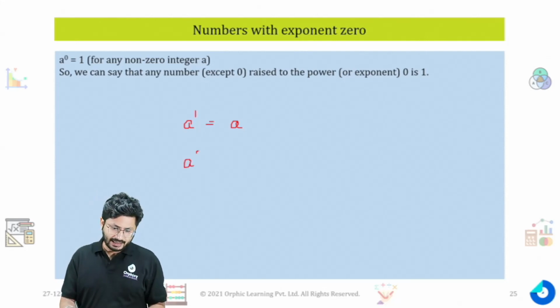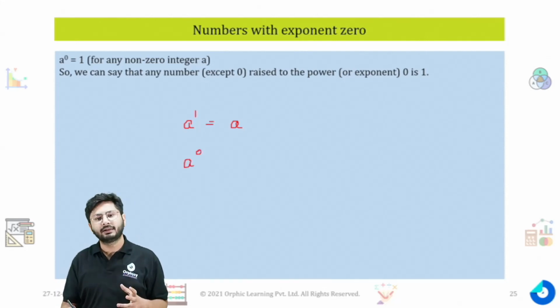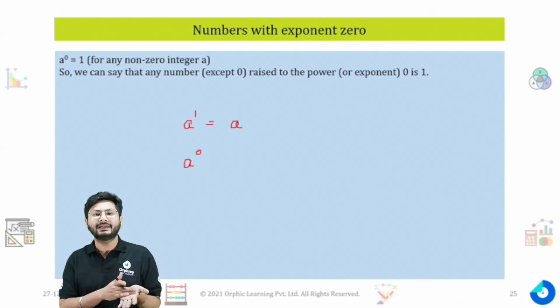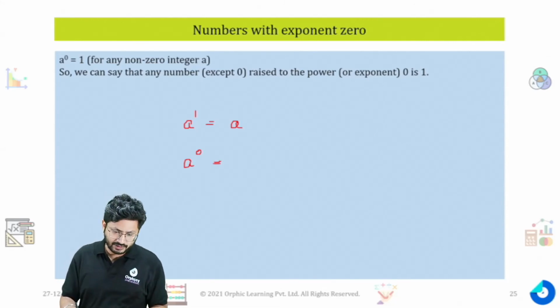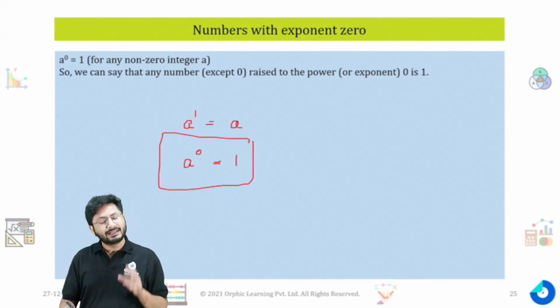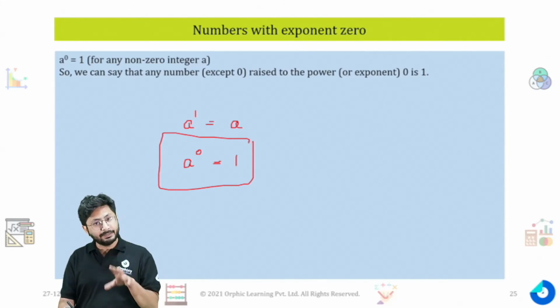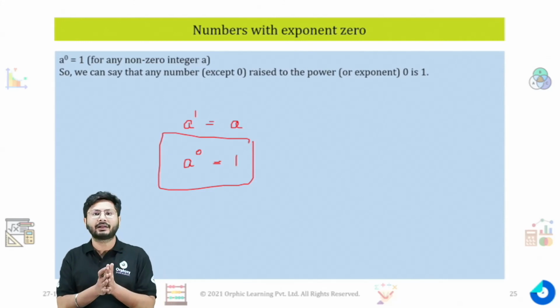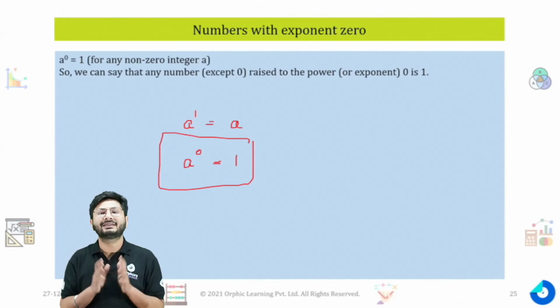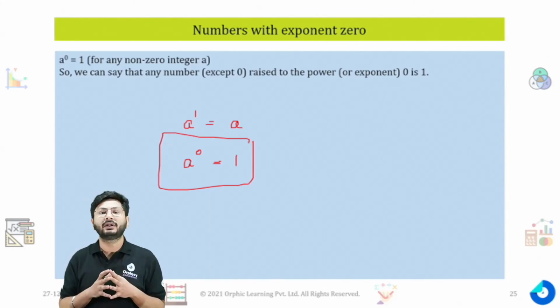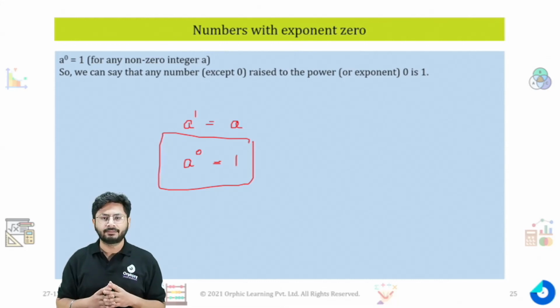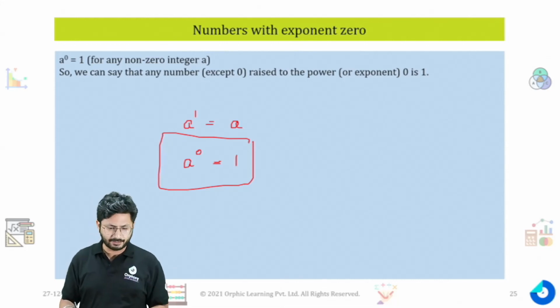Similarly, if a to the power 0 is written, it means a is not multiplied with anything, so it should always be equal to 1. On any number or any variable, if a power of 0 is applied, we will directly write it as 1. Need to remember this thing.